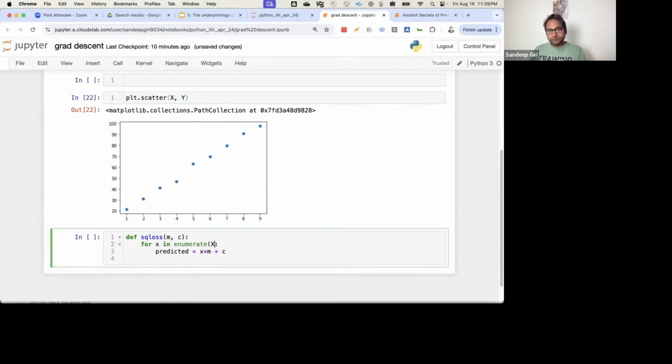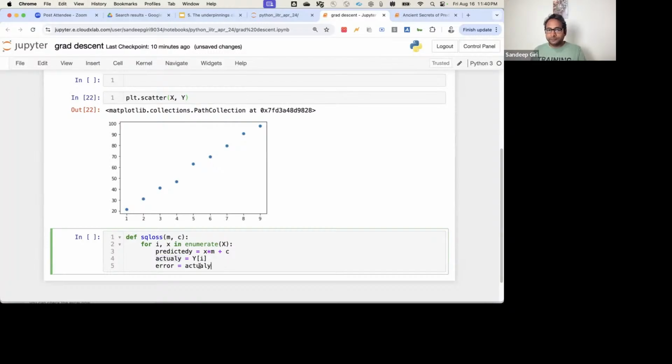Is everybody with me so far? And actual is how much? This is predicted y, this is actual y. How much is actual y? Capital Y. Now error is how much?